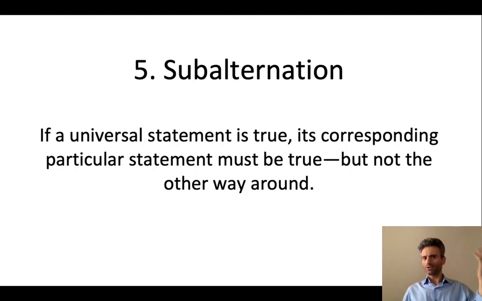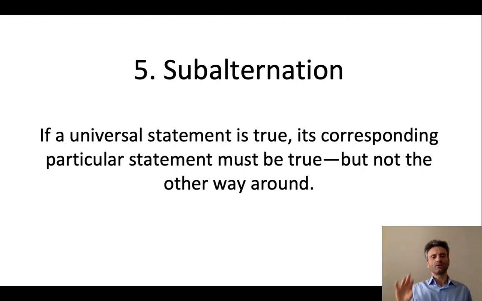Now, by corresponding, I mean, obviously, I is the corresponding particular statement of A. All S are P, some S are P. These are corresponding statements. And E and O are corresponding statements.